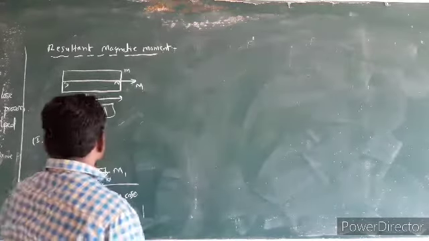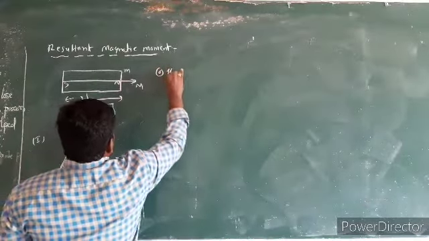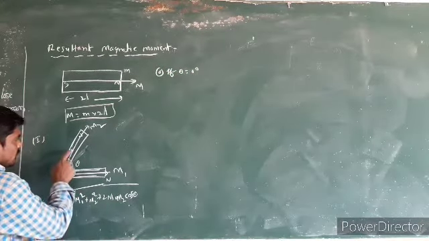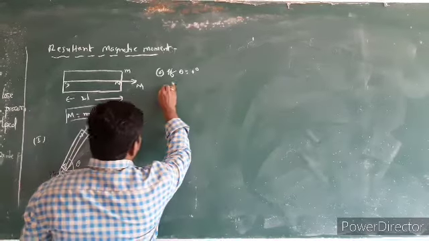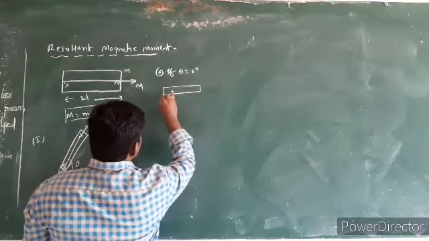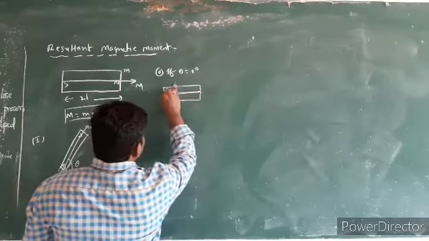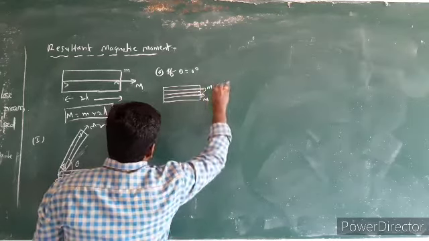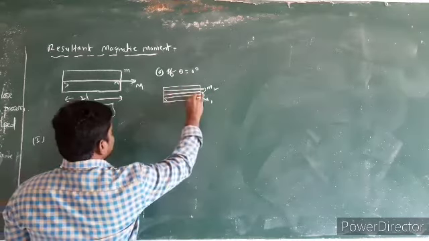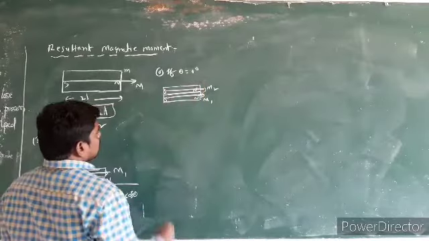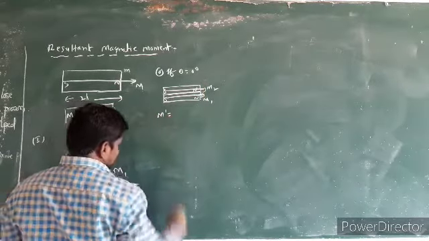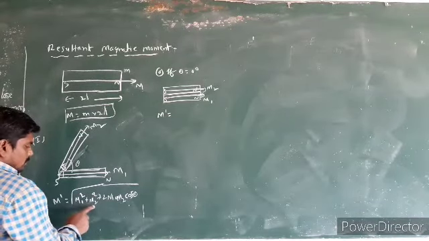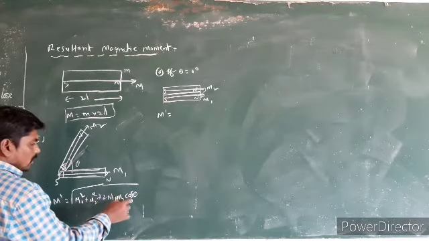Now for the cases. Case A: if theta is equal to 0 degrees, the magnetic moments M1 and M2 are parallel, and the two magnets are arranged like this, south to north, with moments M1 and M2. The resultant magnetic moment M dash is equal to root of M1 square plus M2 square plus 2 M1 M2 cos 0.